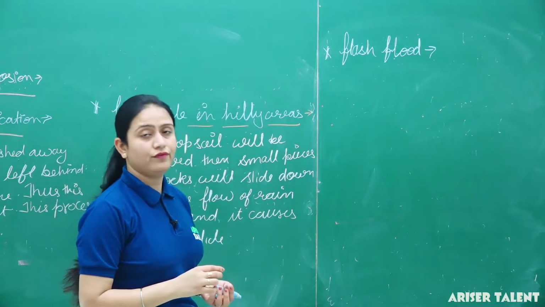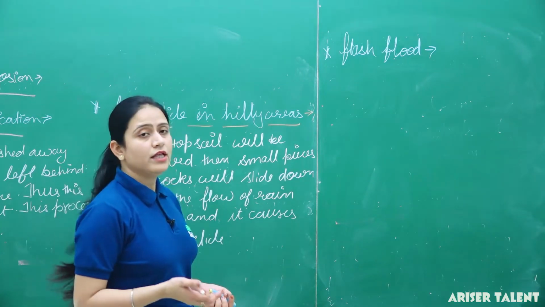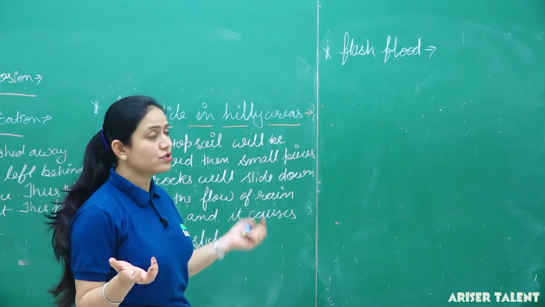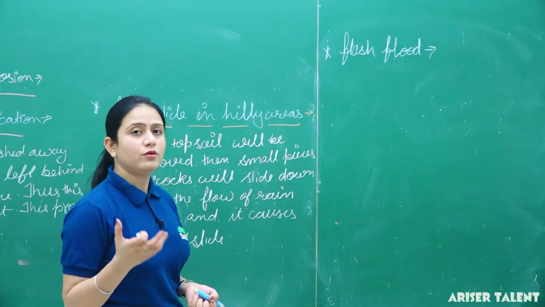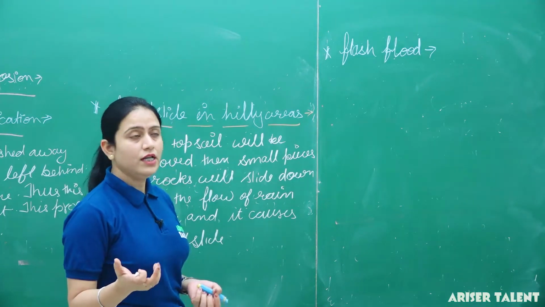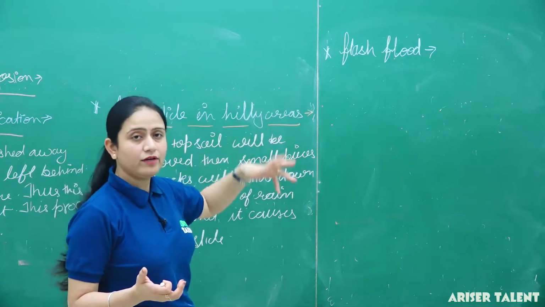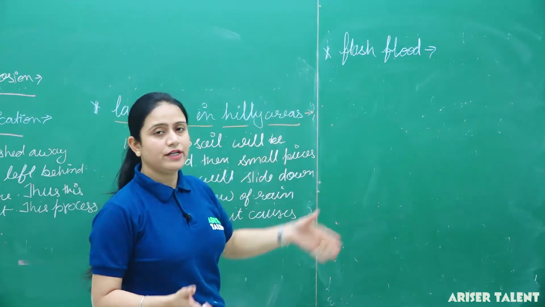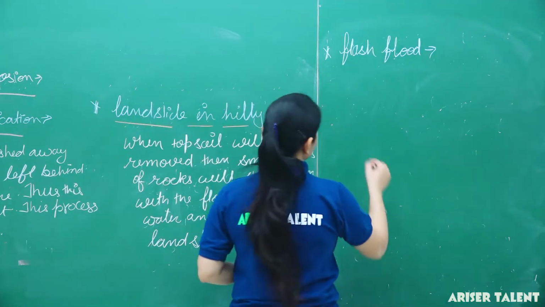As we know, if there is good vegetation on the mountains, the soil particles will be bound together with the help of the roots of the trees. But if there is sparse vegetation, they cannot bind the particles of soil, and thus rainwater will move rapidly and result in flash floods in the lower areas of hilly regions.